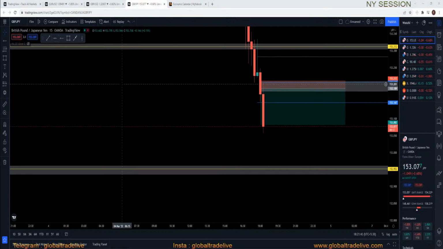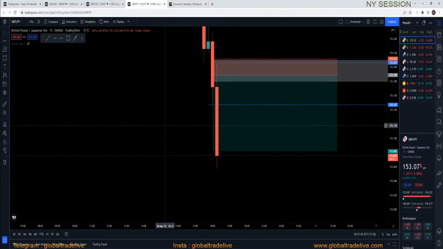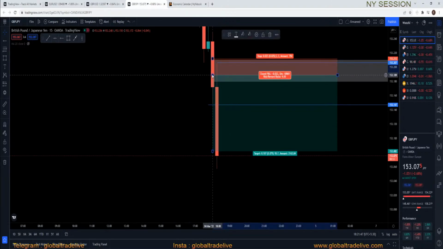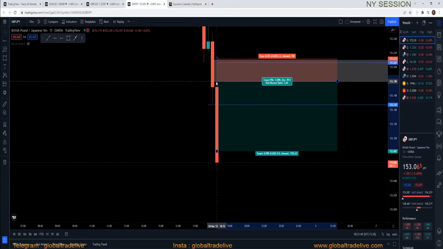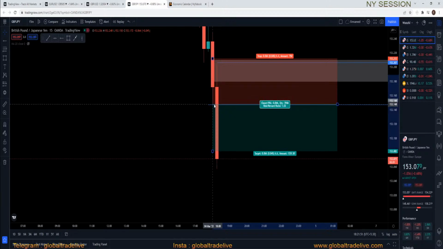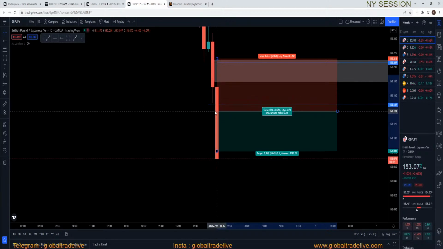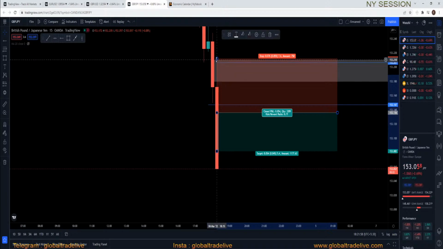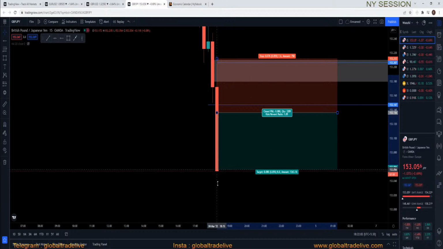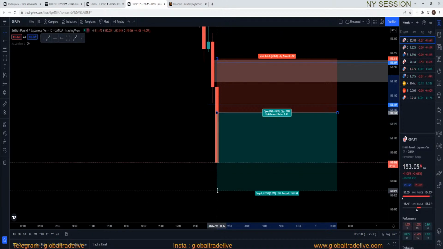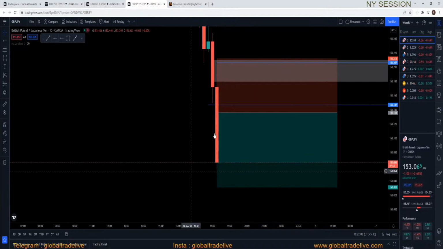153.136 is over here. So running in 7.6, 8 pips right now, and 10 pips will be somewhere around in this area.